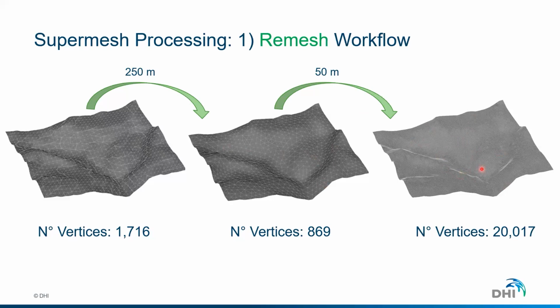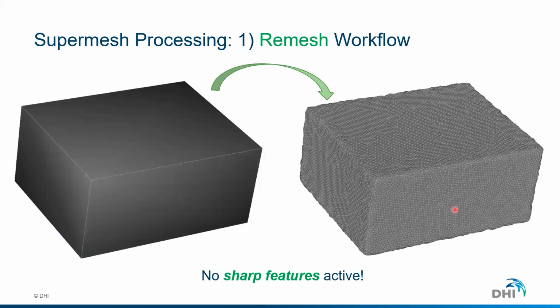I could do the opposite. Maybe I'm receiving a digital elevation model, which is quite well refined, and I don't need so many details. So I could simplify this by increasing the target edge length in the remesh process to come up with something more coarse.